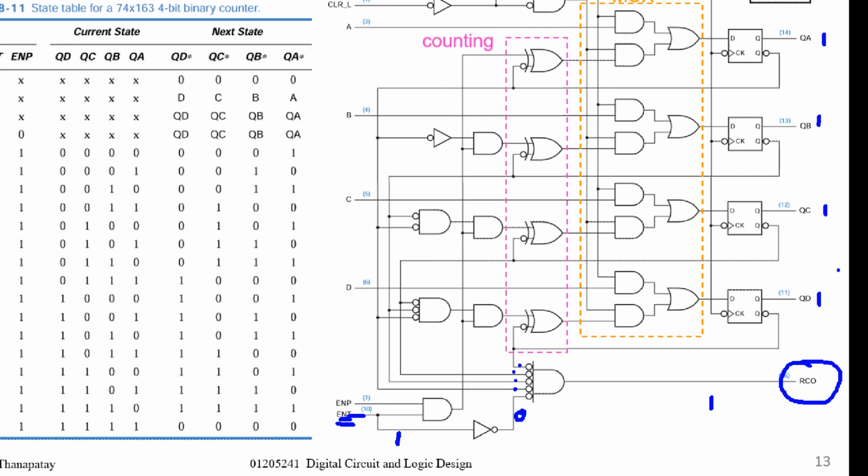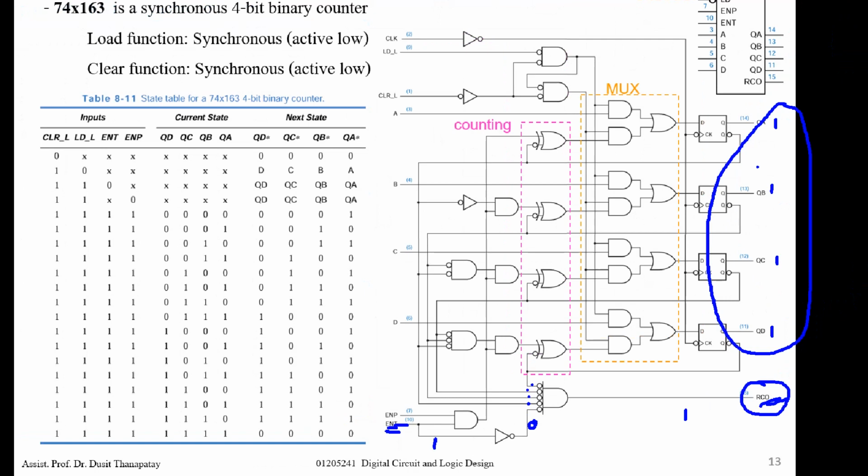So RCO, you can use this as an indicator that the state is now the last state of binary counting, which is 1, 1, 1, 1 for 4-bit counting.